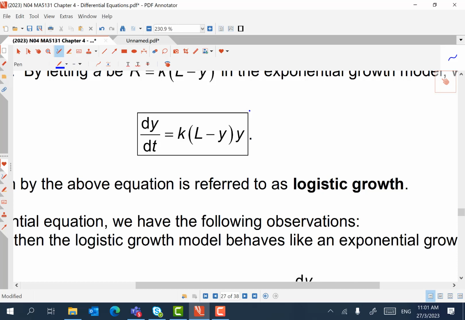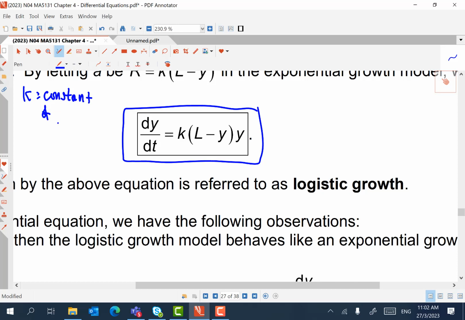So this section of notes introduces to you this other DE called the logistic growth model. And our aim now is to solve this DE. I want you to note that in this DE, K is a constant, the constant of proportionality.